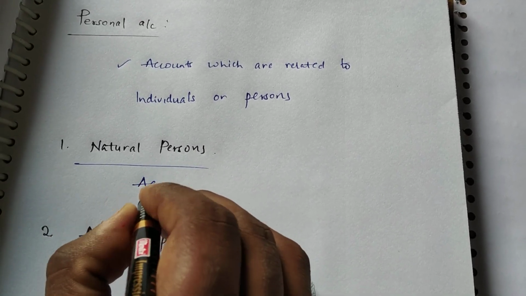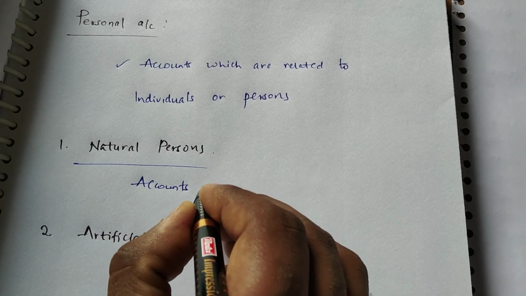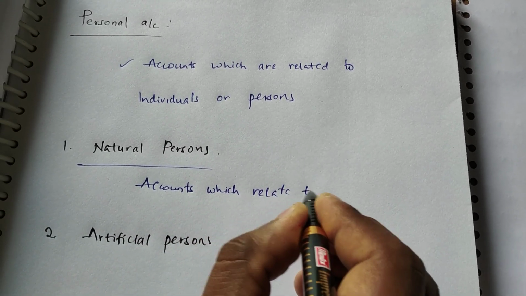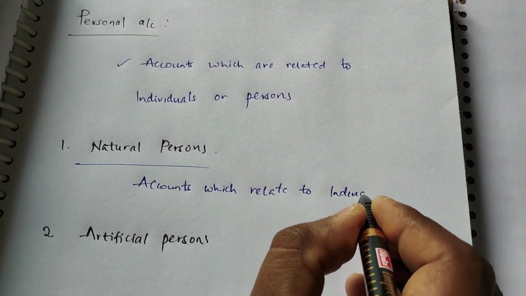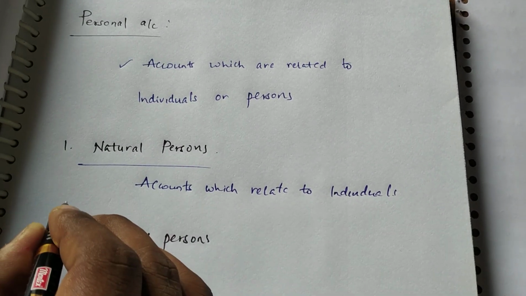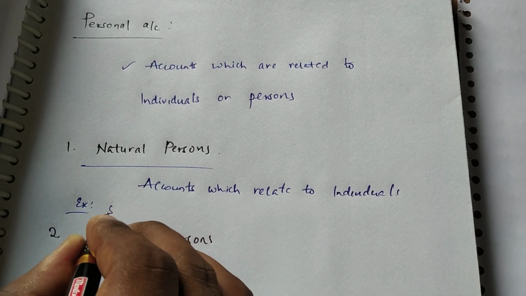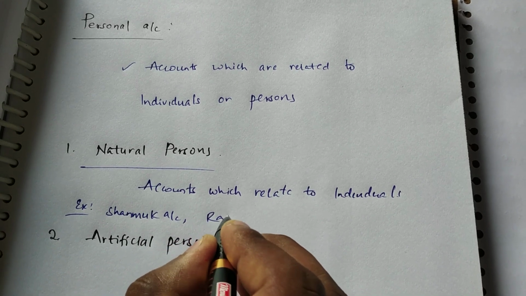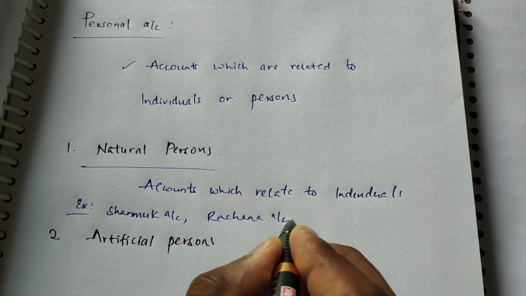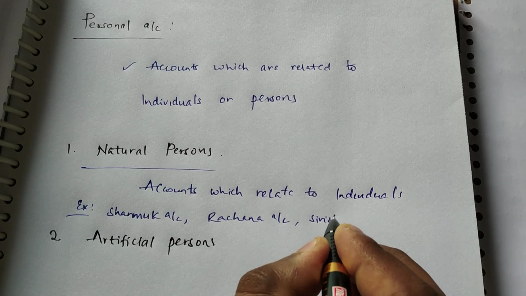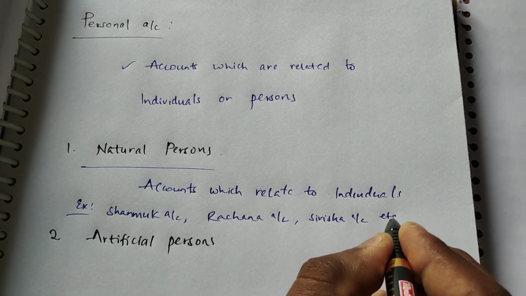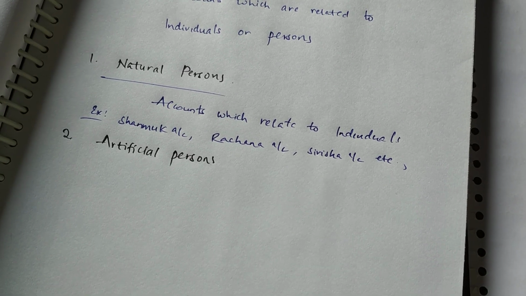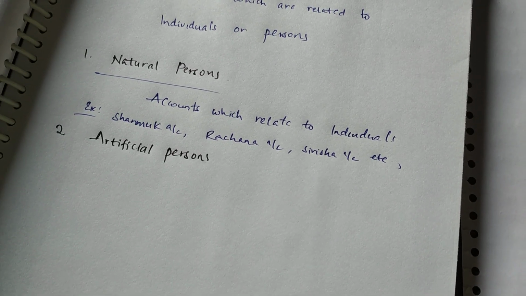Natural persons accounts relate to individuals. Example: Shanmukh account, Rachna account, Sirisha account, etc. Then who are the artificial persons?